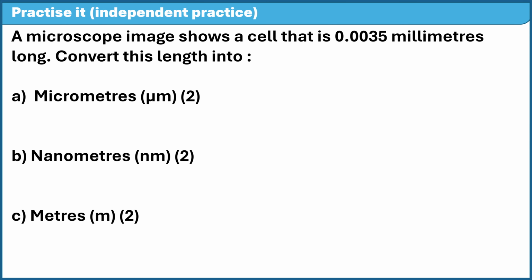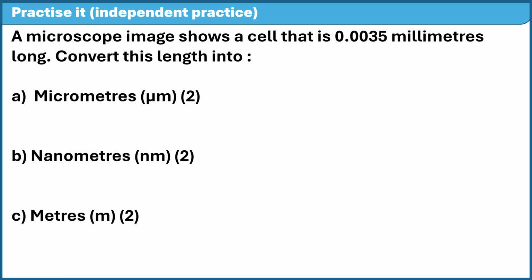Now that we've reviewed how to convert between microscopic units, it's time for you to have a go yourself. A microscope image shows a cell that is 0.0035 millimeters long. Convert this length into A. Micrometers, B. Nanometers, and C. Meters. Your task is to remember to follow the steps that we practiced.